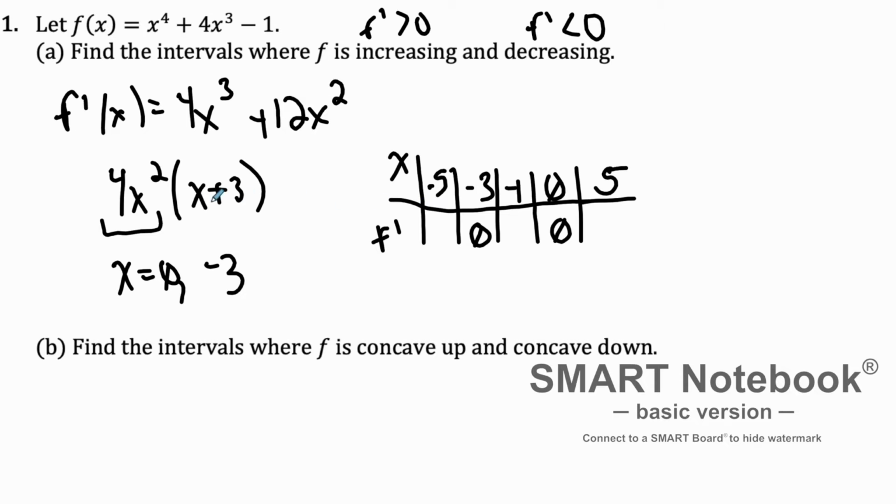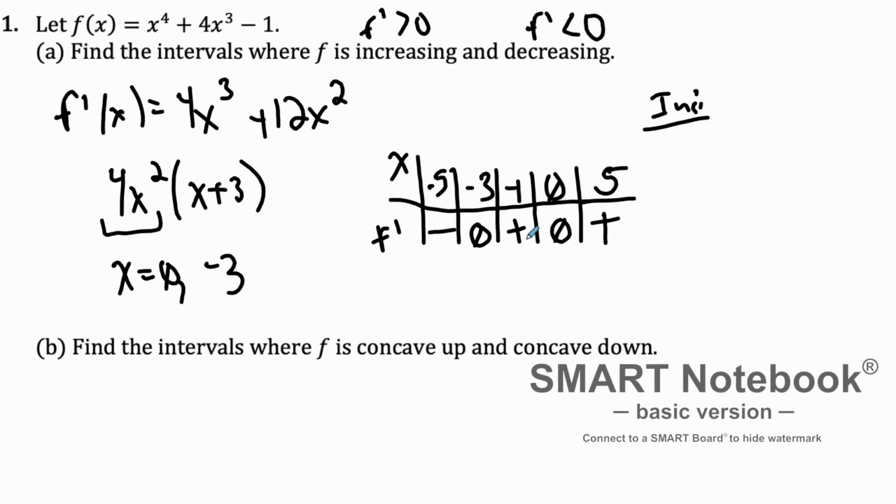So -5 in the first one, -5 plus 3 is negative. Next one, -1. -1 plus 3 is positive. And then 5 plus 3 is again positive. So for our increasing values, where is it positive?